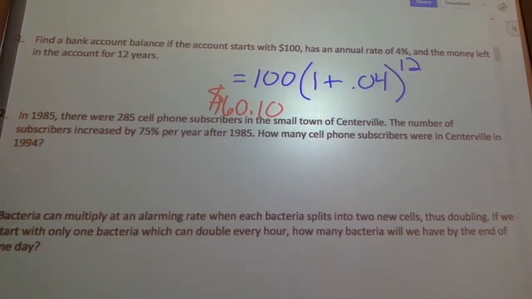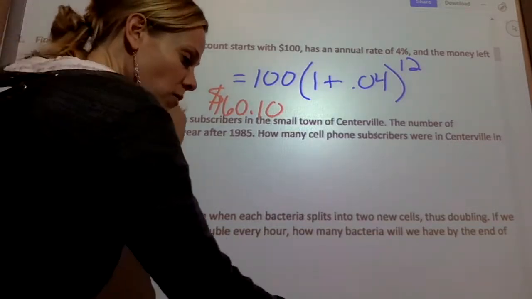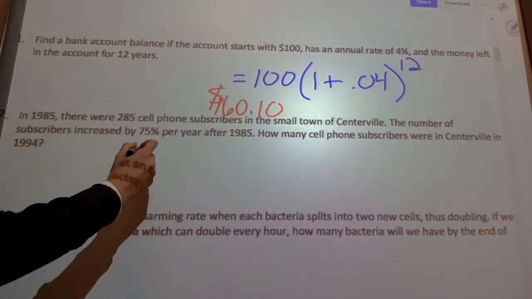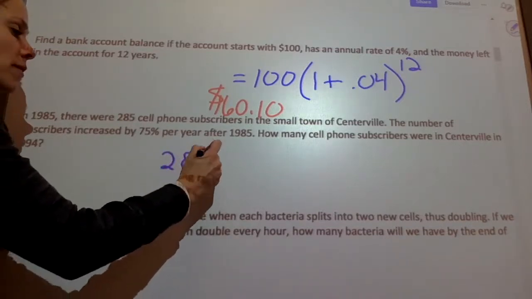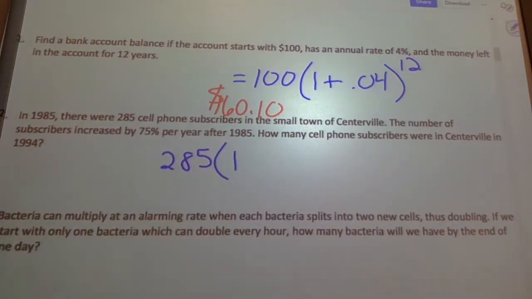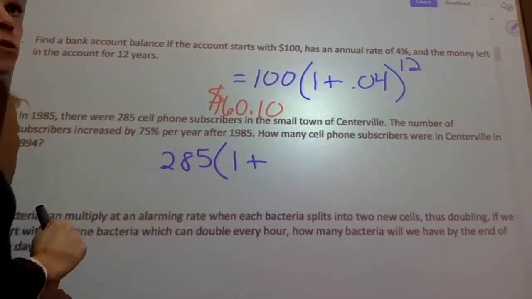In 1985, there were 285 cell phone subscribers in the small town of Centerville. The number of subscribers increased by 75% per year after 1985. How many cell phone subscribers were in Centerville in 1994? So what did I start with? What's my initial amount? 285. Do I do plus or minus? Plus, I'm increasing cell phone subscribers.